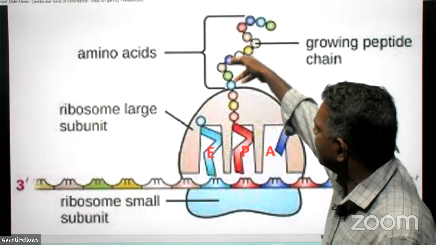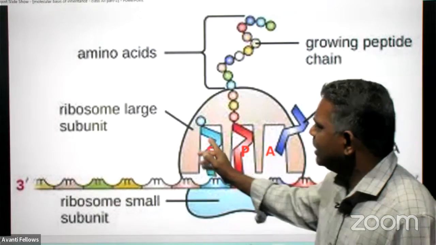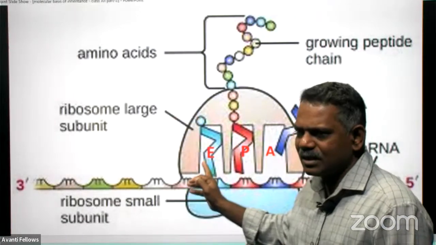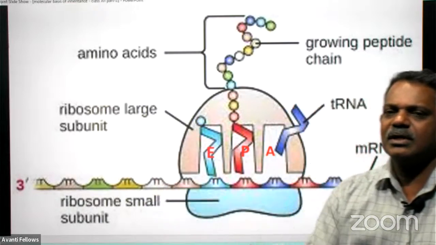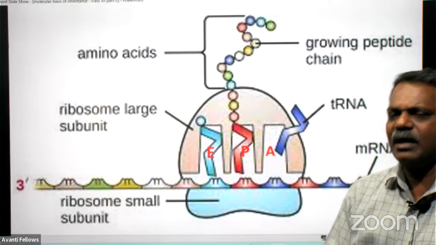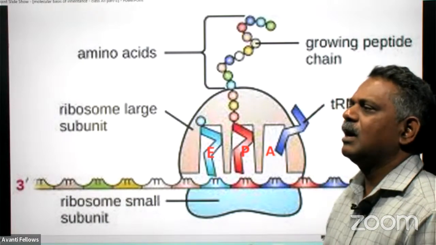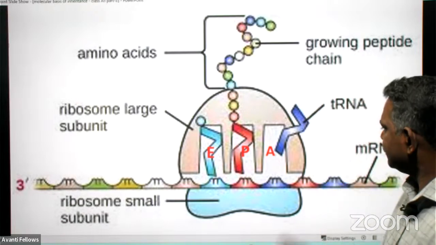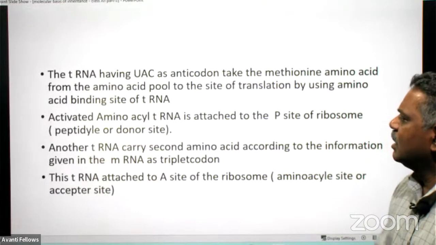All the amino acids connect with peptide bond and it elongates. And the E site is called as what? The exit site. And from the E site only, the tRNA will be taken back to the cytoplasm. Then again, this tRNA will attach to an amino acid after the activation. Right. So this is what the things mentioned here.